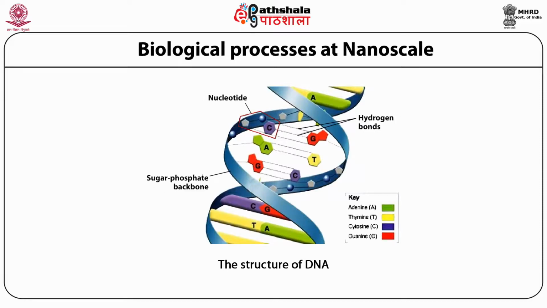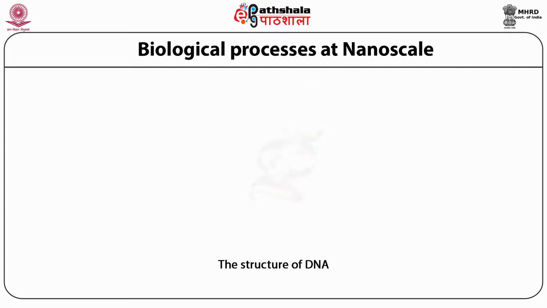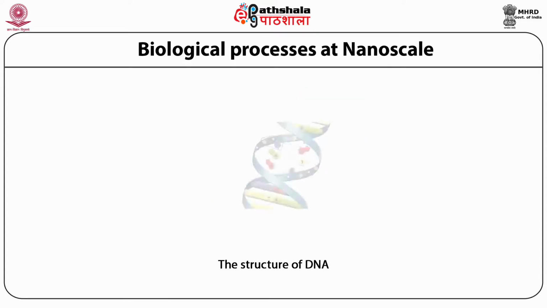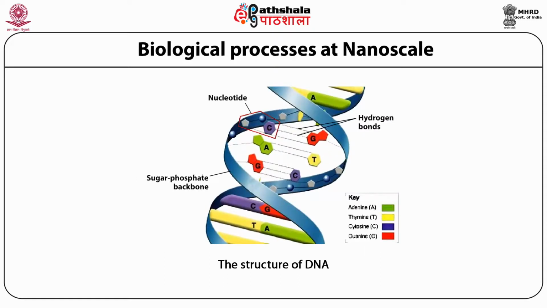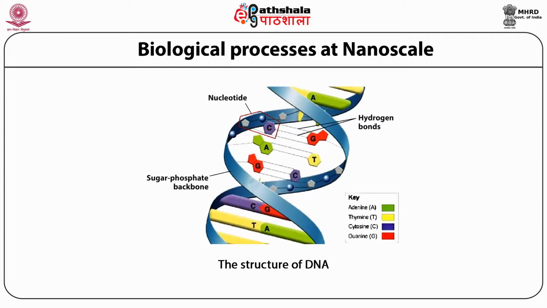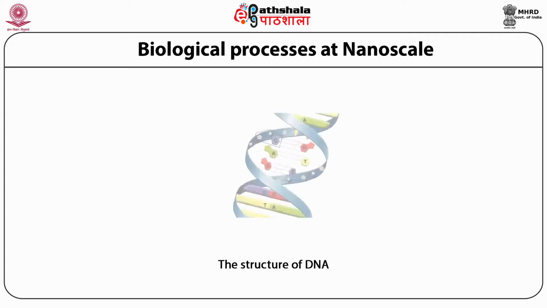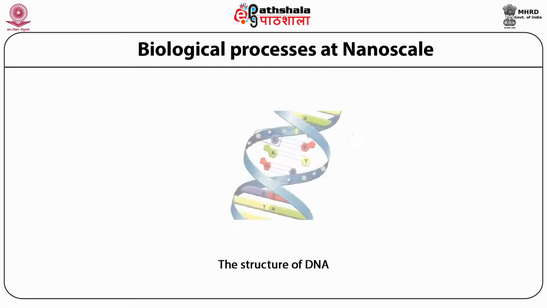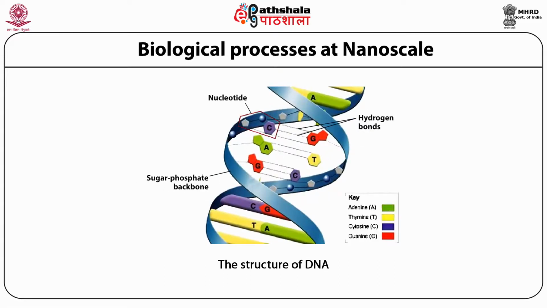The 2 helices in the DNA strand are held together by a large number of hydrogen bonds. At a bulk level, hydrogen bonds are weak, but due to large surface area at the nanoscale, these small bonds become increasingly relevant.